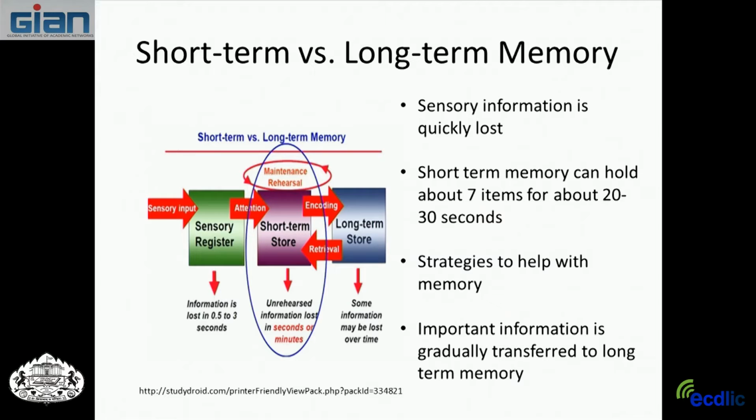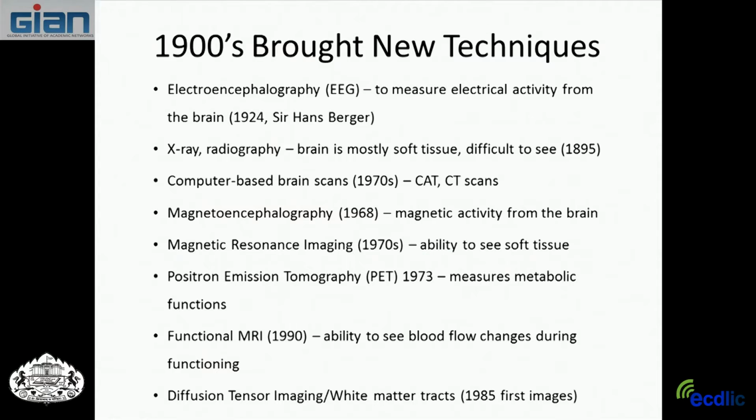And the way that we can retain this information is to transfer the information to long-term memory. So the things that we feel are important to us, we tend to keep in there and send it to the long-term memory systems, which can hold information indefinitely and hold unlimited capacity of information. Or that's what we think anyways.